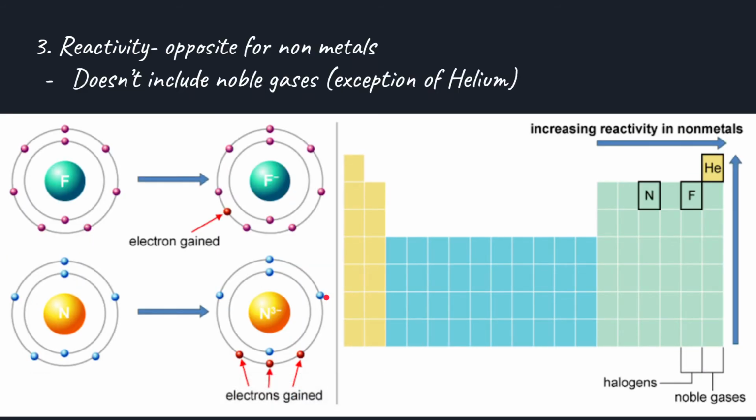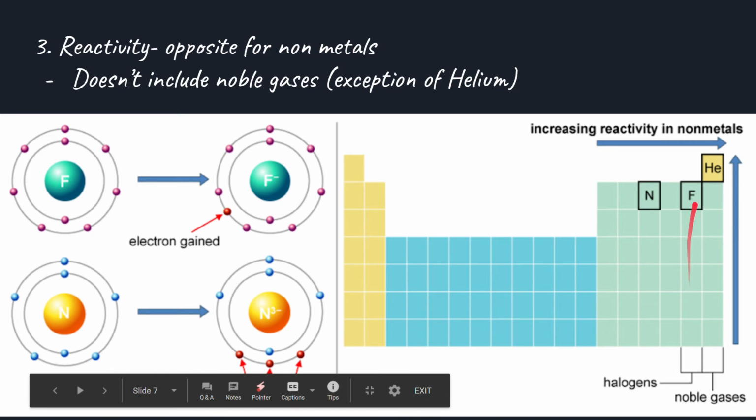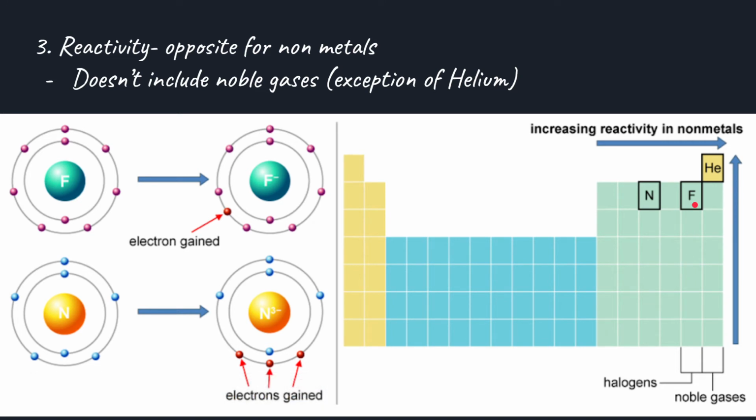Okay, reactivity continued. So the one we just went over before was for metals, but it's actually the opposite direction for nonmetals. So nonmetals react by gaining valence electrons until they have 8. So therefore the nonmetals with 7 valence electrons, which are the halogens right here, are the most reactive, like fluorine.